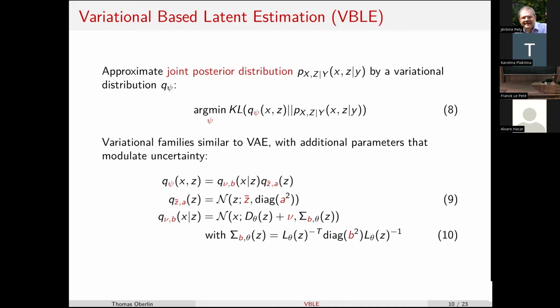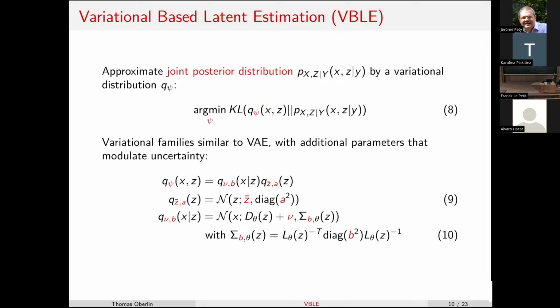We have part of the distribution which is in the latent space, Q of z, and it's parameterized by two parameters. So it's a Gaussian centered on z bar that we will estimate, and with some diagonal covariance matrix given by the parameters A. So this is the part in the latent space, and then there is also a part in the image space.